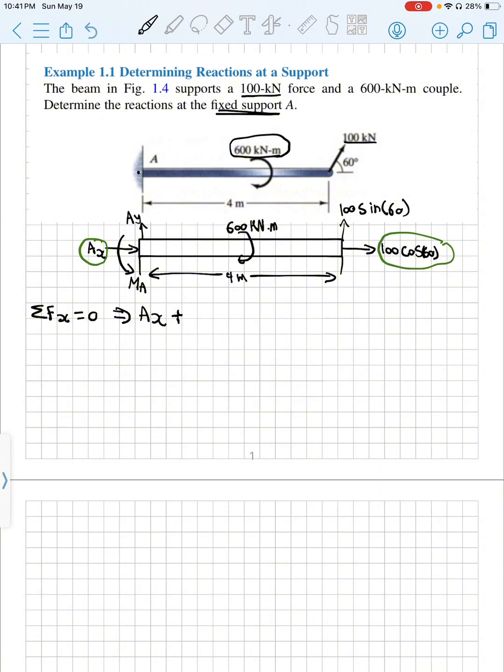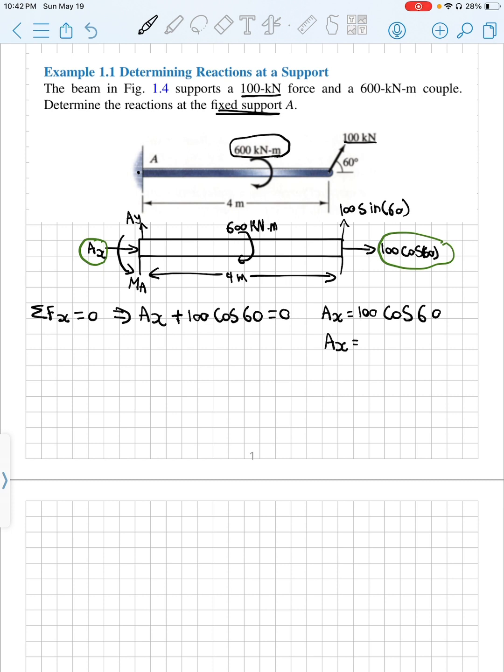So Ax plus 100 cosine 60 equal to 0. So that means Ax equals 100 cosine 60, which, if we use our calculator, we're gonna get Ax.